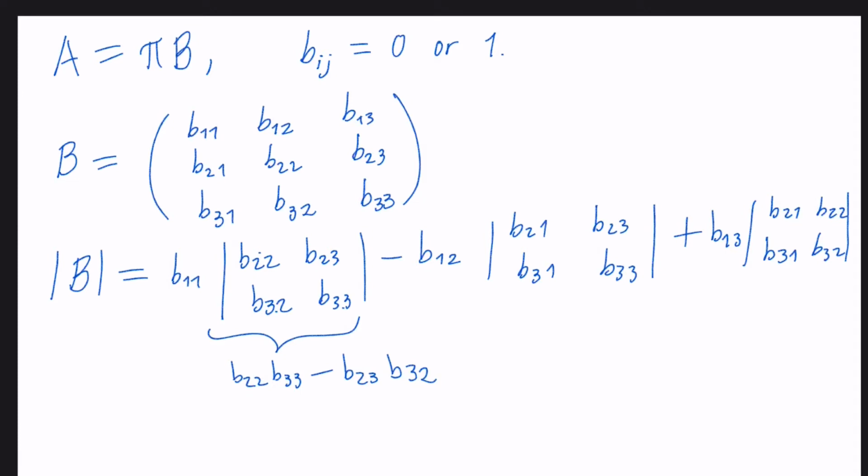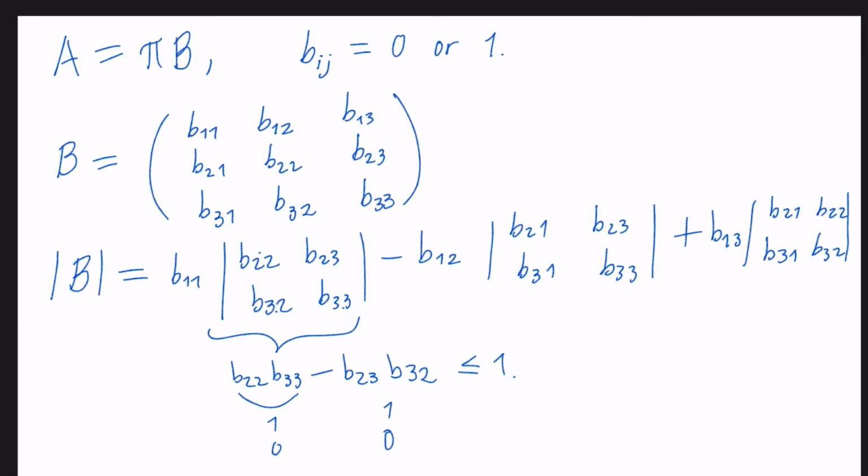These products can only be 1 or 0 because we obtain them by multiplying 0 or 1. So if we make the difference, at most it can be 1.